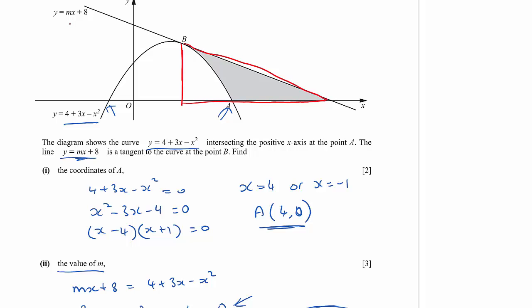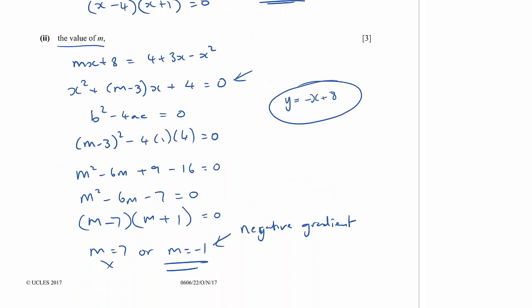Now, because we know it's y equals negative x plus 8, we can figure out that that intercept there is at 8. We know this is at 2, x equals 2, we worked that out just now. We know this one's at 4. So I could work out the triangle and then take away this area, which would be the integral of the curve between 2 and 4.